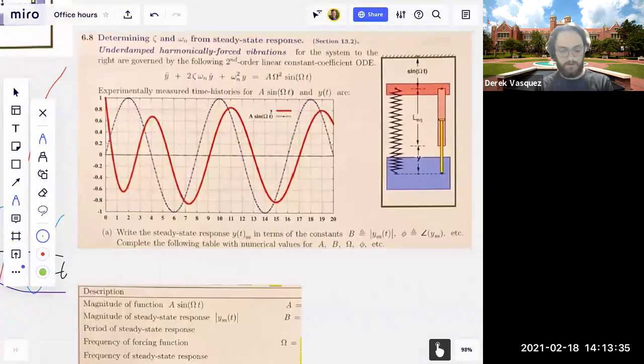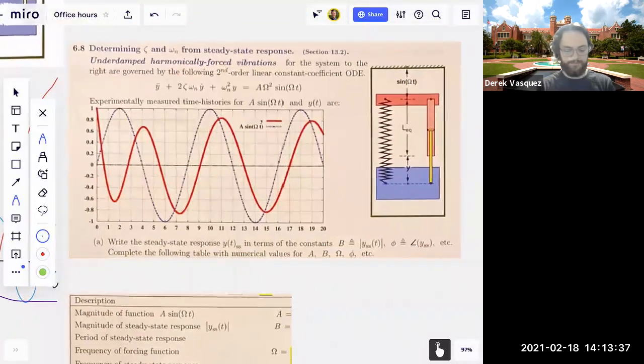So moving on to problem 8 here. We have the data for our steady state response, and we need to determine what zeta and omega n are.